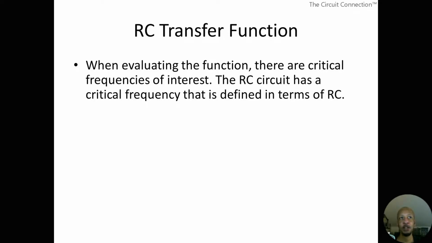So when evaluating the function, there are critical frequencies of interest. The RC circuit has a critical frequency that is defined in terms of RC. That makes sense to me. It's just like how you define the constant itself, pi. What is pi?